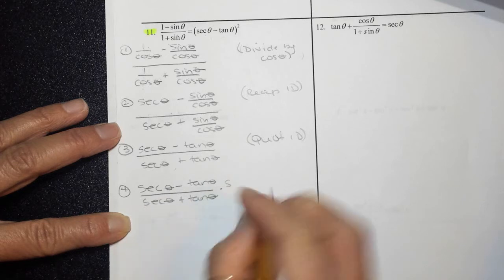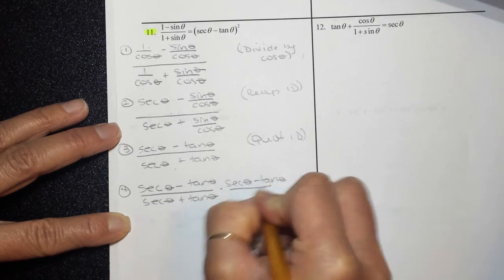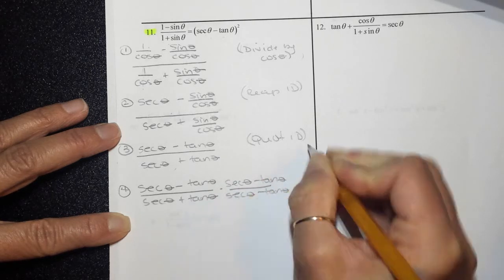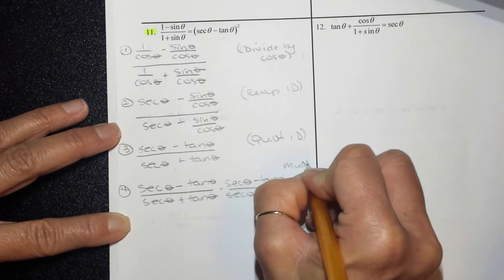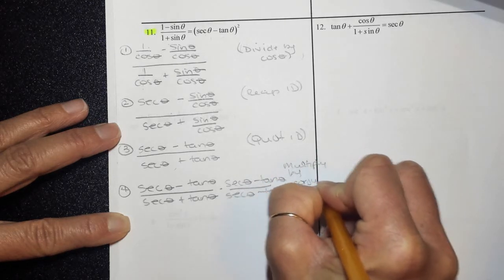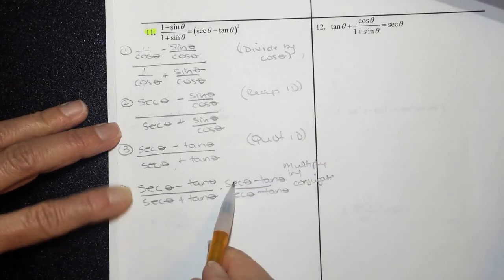The conjugate of the denominator is secant theta minus tangent theta over itself. So I'm multiplying by the conjugate. Okay? So then when I do that, these are the same.